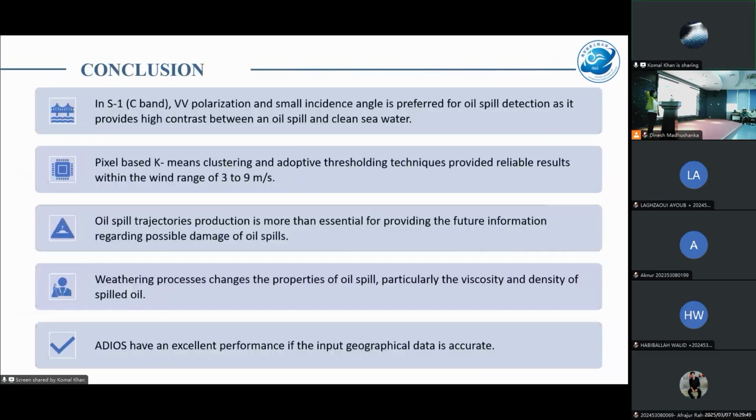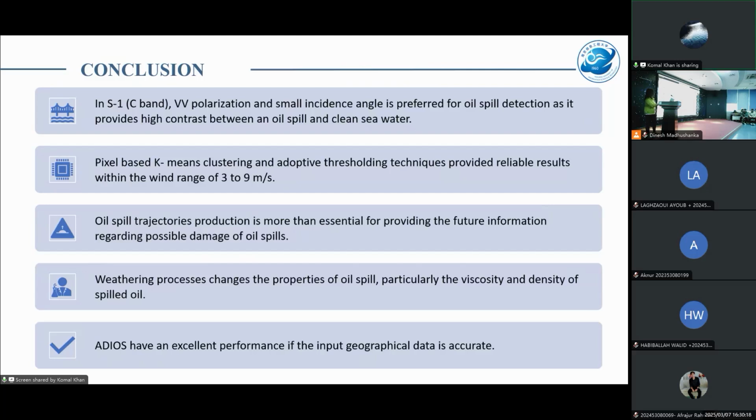Now, coming to the conclusion: in my case, VV polarization and SAR data gave us very accurate and good results, and we can find a very good contrast between the oil spill and the remaining ocean water. So we can detect oil spills perfectly from these images.